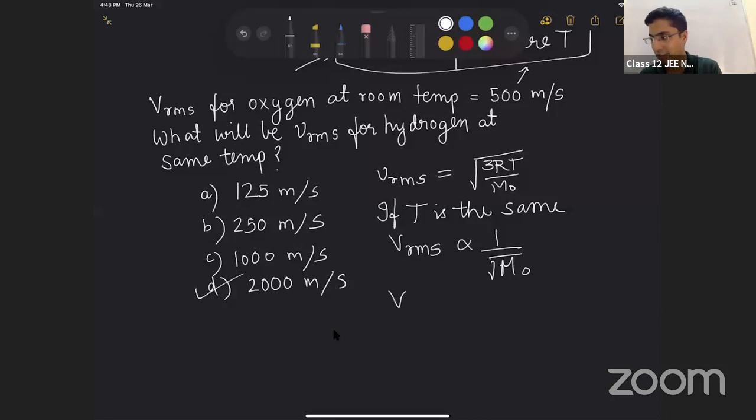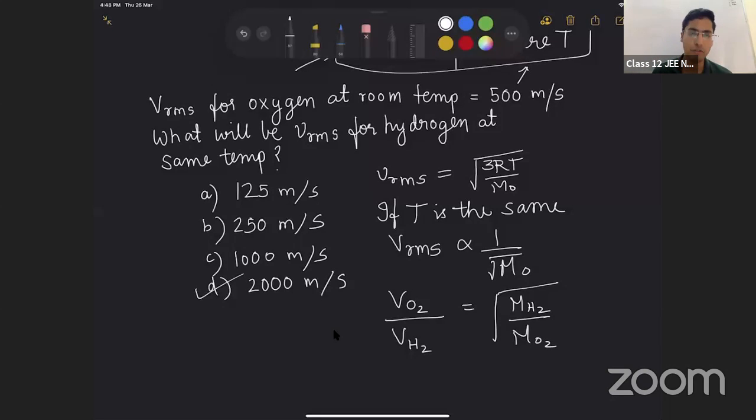So this means that V for O2 upon V for H2 is root of M of H2 upon M of O2, inverse proportional. Because M of H2 is 2 and M of O2 is 32, there is a factor of 4 after taking the root, so the answer is 500 into 4, 2000 meters per second. The calculation is pretty simple.